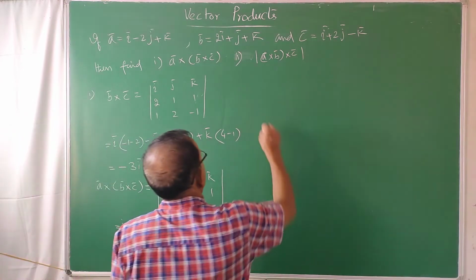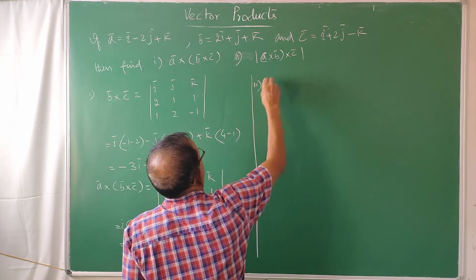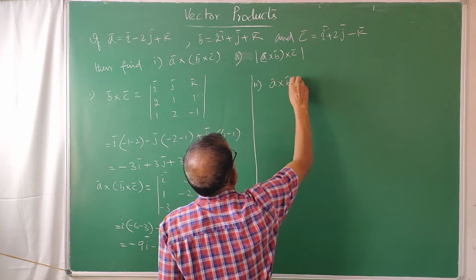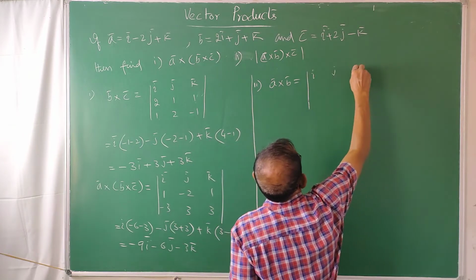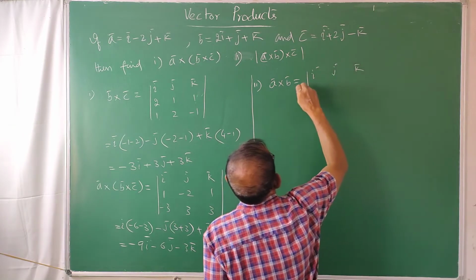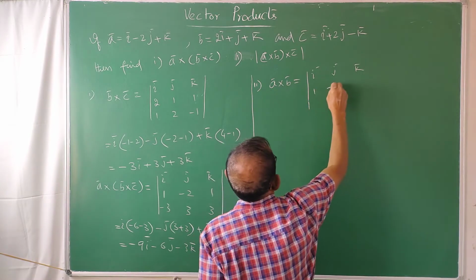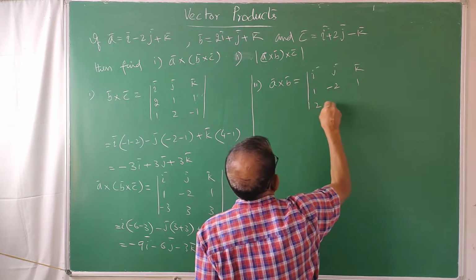Now we have to find out the second one. For the second one, you have to find out a cross b first. Find out a cross b, i, j, k. First a bar coefficients 1, minus 2, 1 and b bar coefficients 2, 1, 1.